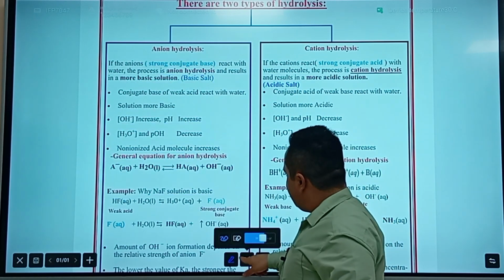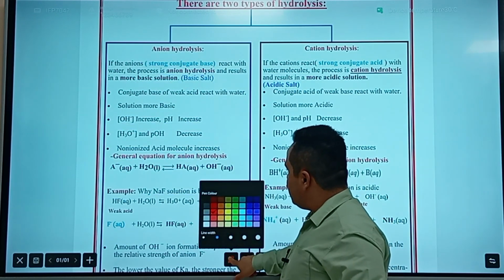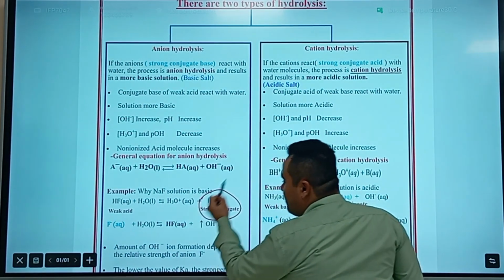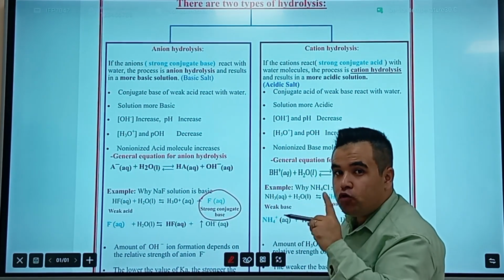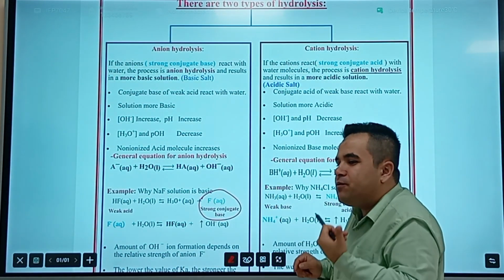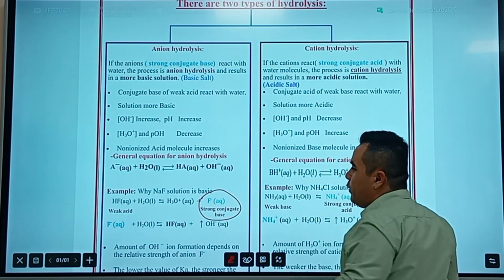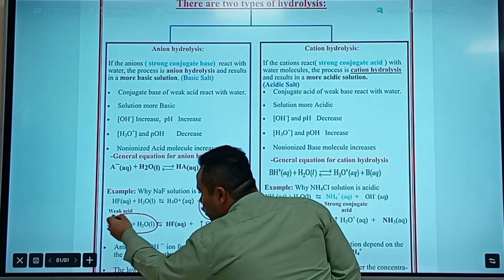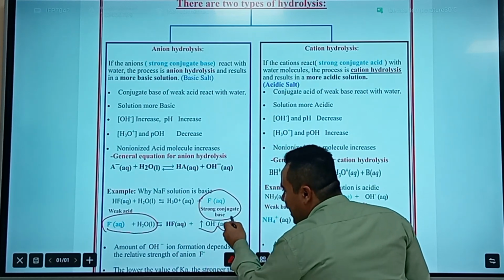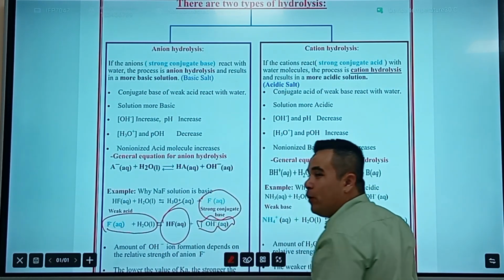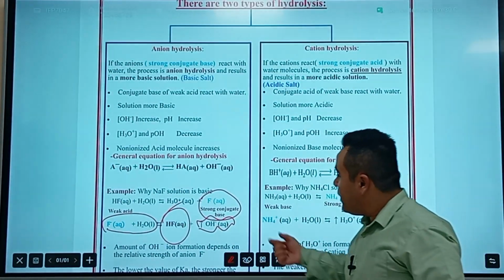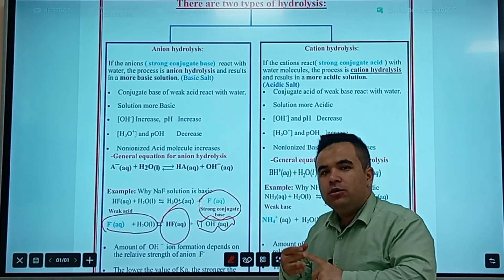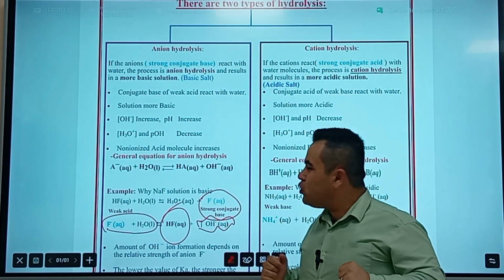Let us talk in detail about this example. Here we have got a strong conjugate base. So a strong conjugate base comes from what? Obtained from the weak acid. That's why it has a tendency to hydrolyze with water to produce hydroxide and weak acid as well. Here increasing the hydroxide increases pH, and decreases hydronium and pOH.